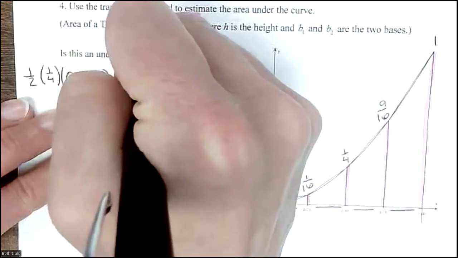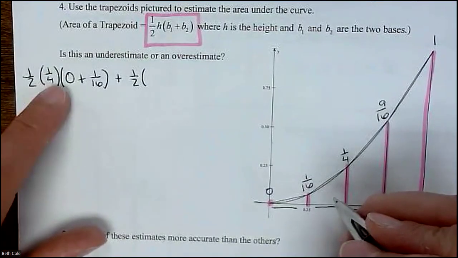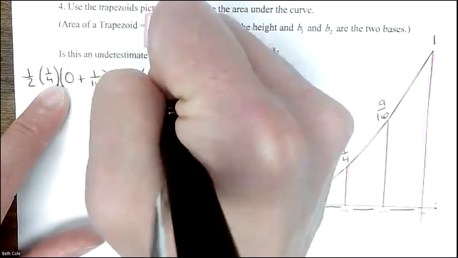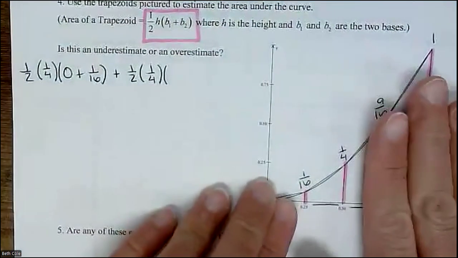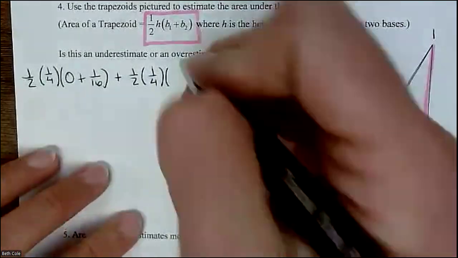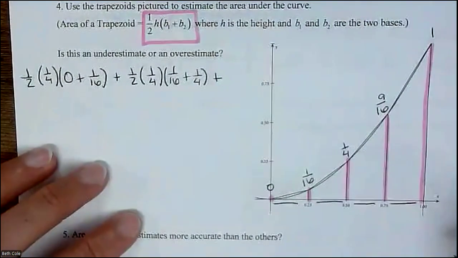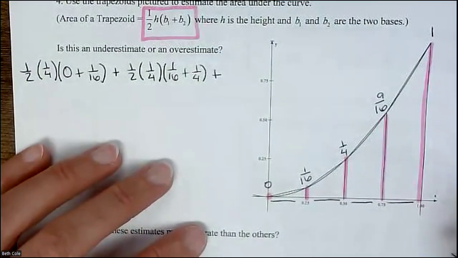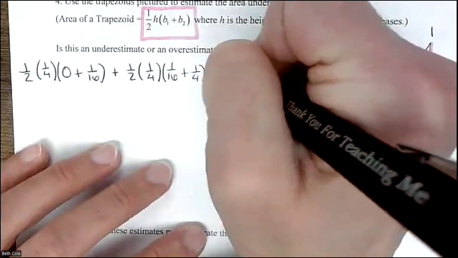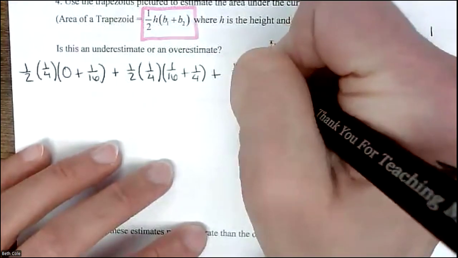So 1/2 times 1/4. Good. And then look at the second one here. I'll cover up everything except that second trapezoid. Do you see how it's the 1/16 and the 1/4? Okay. Halfway there. It's not hard. It's just a little bit tedious is all. All right. 1/2 times what? 1/4.